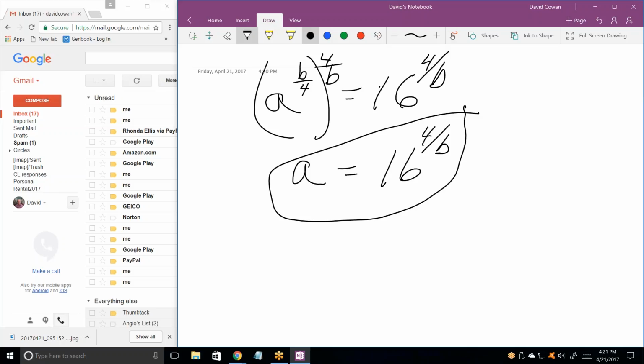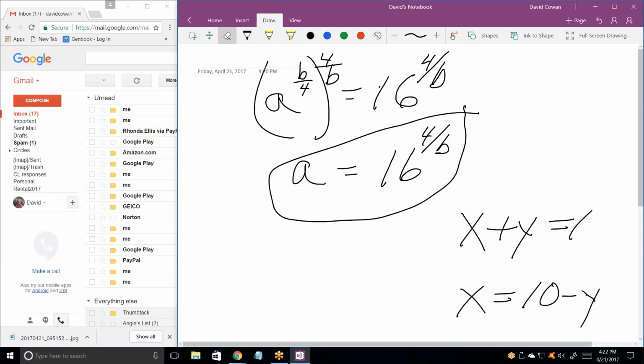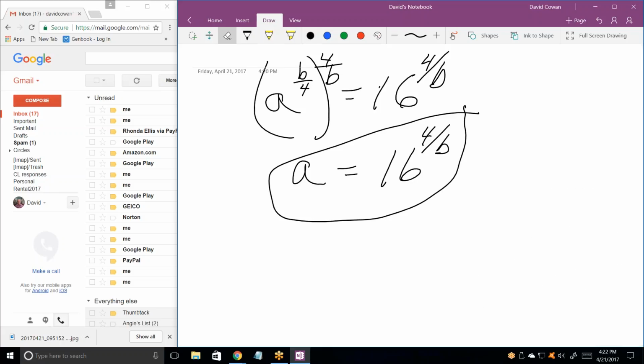That's always the case when you have two variables. If I say x plus y equals 10, there are literally an infinite number of answers. I can solve for x, but only as a function of y. I cannot solve for the number x. Same with this one. Hold on, let me read it. It says if that number equals 16, for positive integers a and b, what is one possible value of b? Oh, okay, so you're just solving for b.